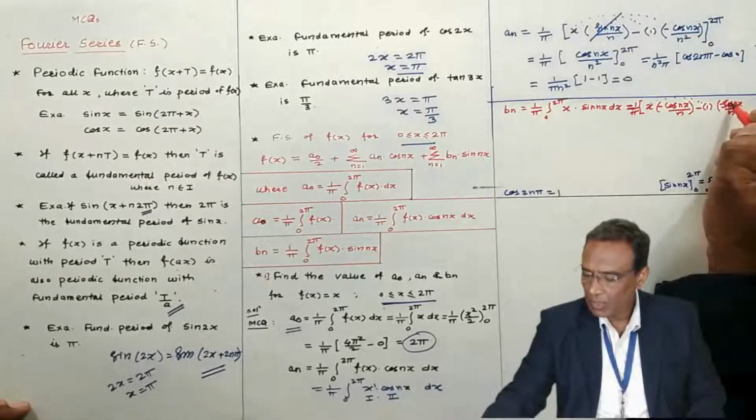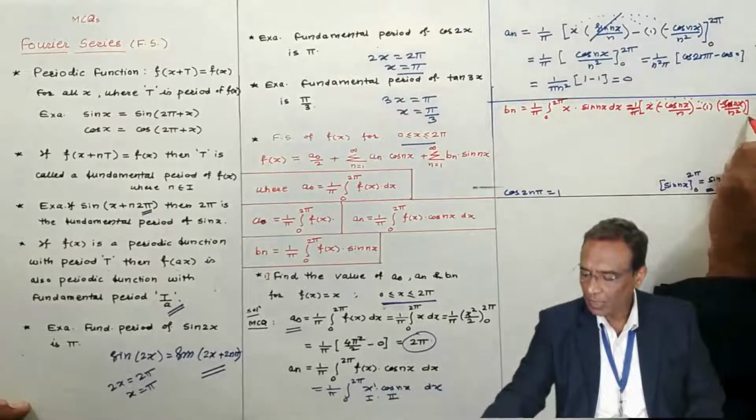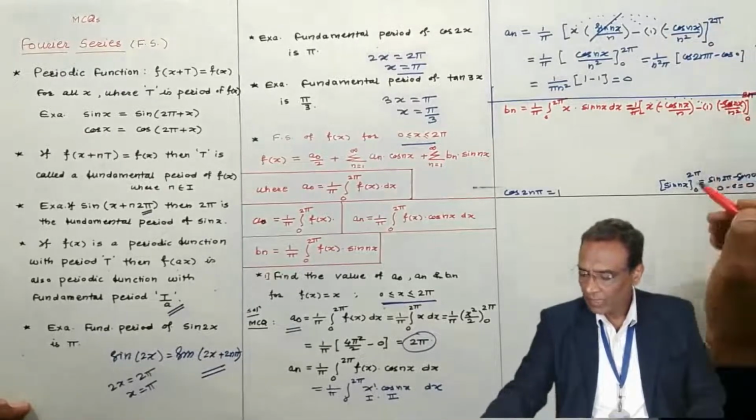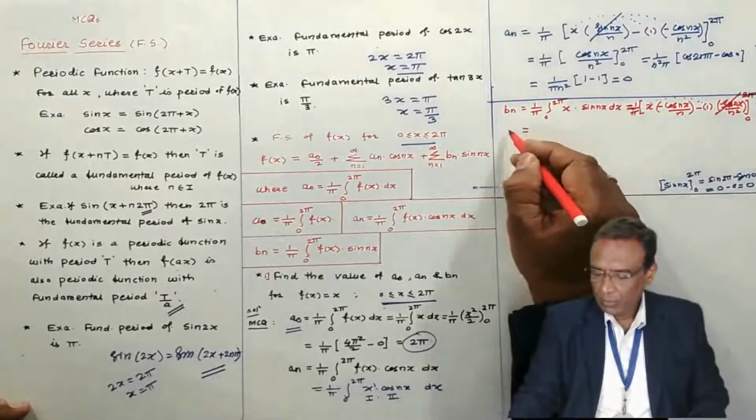Sin nx by n square. Integral of cos is plus sine, and it is 0 to 2 pi, and sin nx from 0 to 2 pi is 0. Therefore, this will get removed.